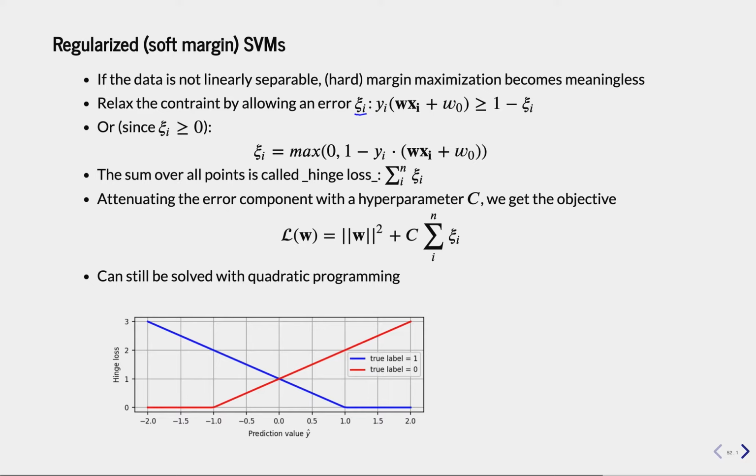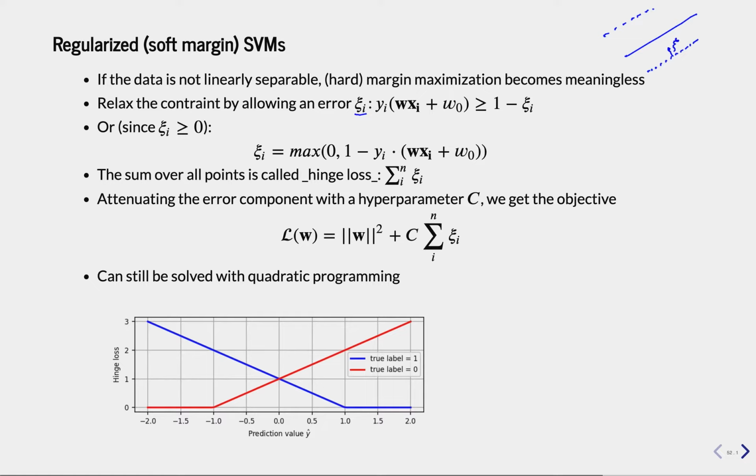Say we have the decision boundary and we have our margin, then it is allowed that a point falls within the margin, but this will incur an error xi.